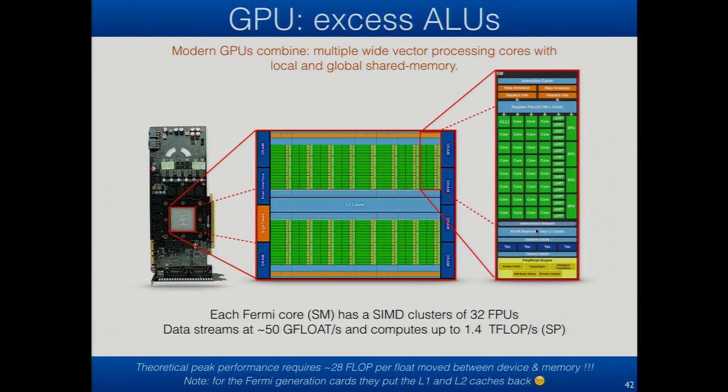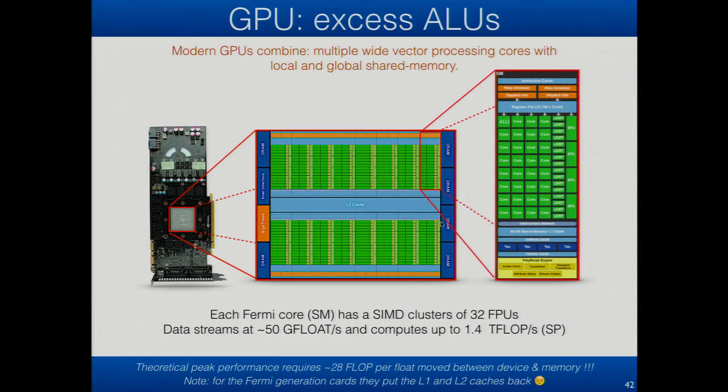Because we want to hide memory latency, we want to have register space and shared memory space for multiple threads per ALU, so that we can maximize hiding of latency. Okay? So that 64K gets divided by 32. Well, the register file gets divided by 32, and then gets divided again by the number of threads that you really want to have resident, or available for that ALU to process.